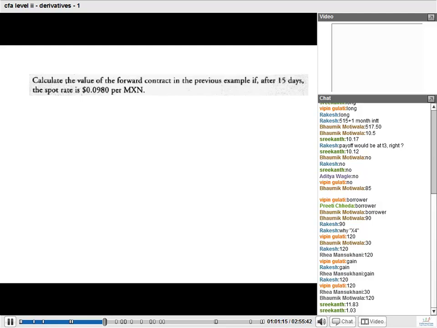So I locked in an exchange rate of 0.0837. Now after 15 days, the spot rate has become 0.0980. So let's compute the new forward rate.